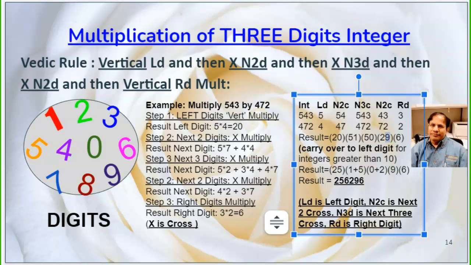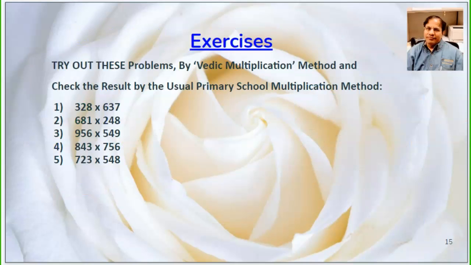And then we multiply the last right digit, 3 times 2, that is 6. And we perform the carryover, and so we end up with 256296.